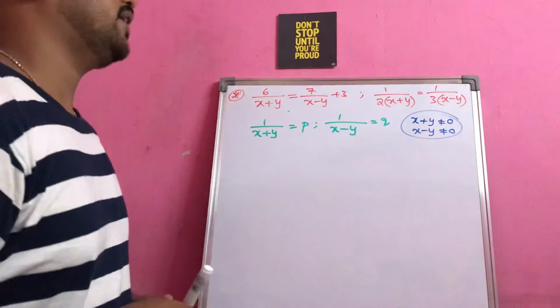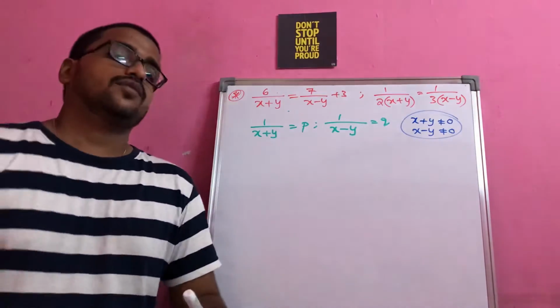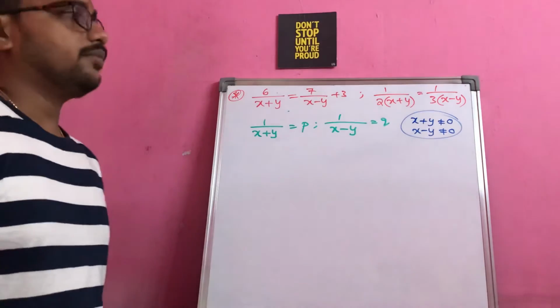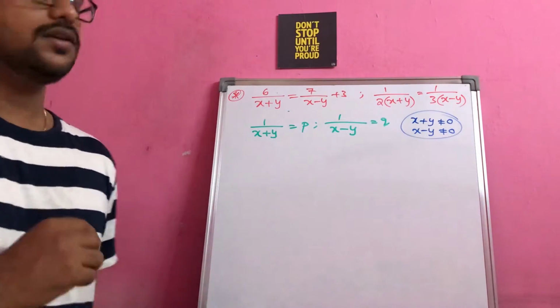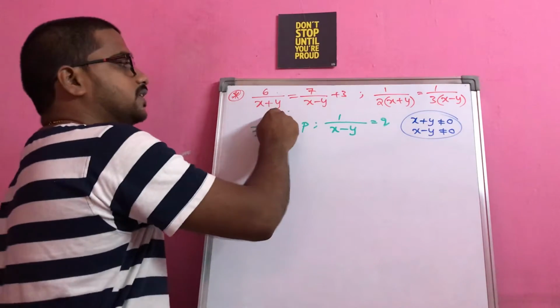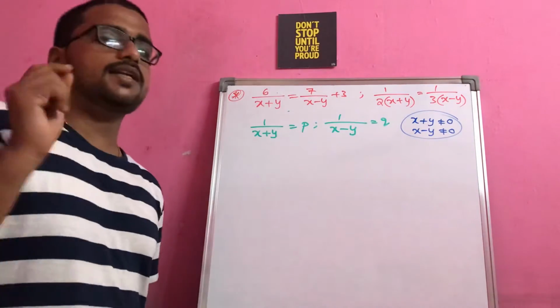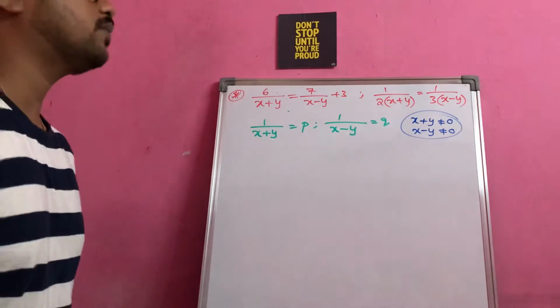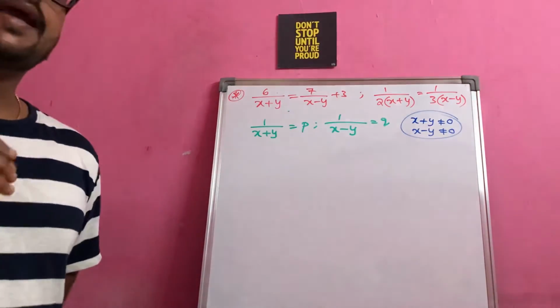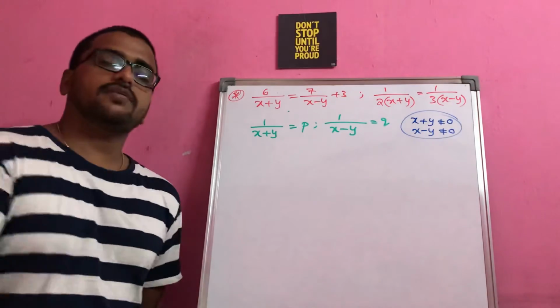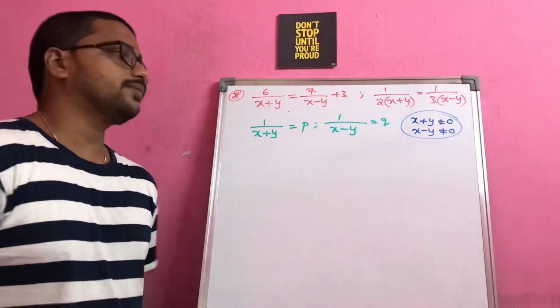And the simple point here, another reason why we are taking it as some another variable, because we should find this x and y for the linear equation. But if you see the powers for this x and y, in the denominator it is 1, but when it comes to the numerator it is whole power minus 1. So degree cannot be negative. This we already learned in our previous class 9 polynomials chapter.